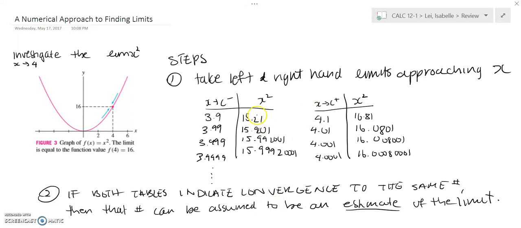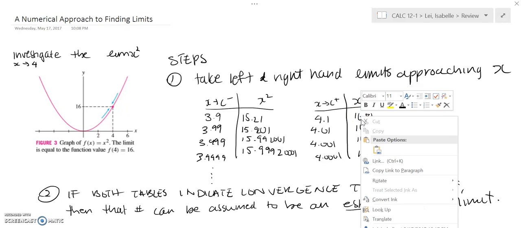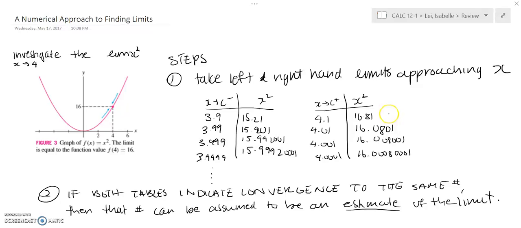As you can see, on the left side, we are starting at 15.2 and gradually getting closer and closer to 16, and that is the same on this side where we start with 16.81 and make our way closer and closer to 16.